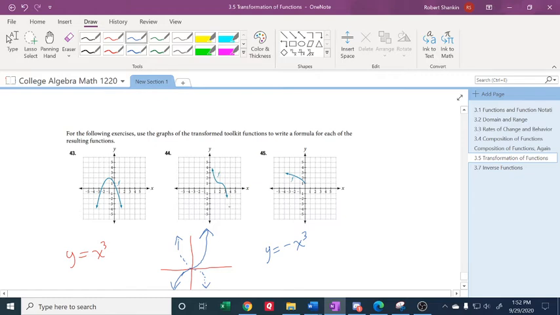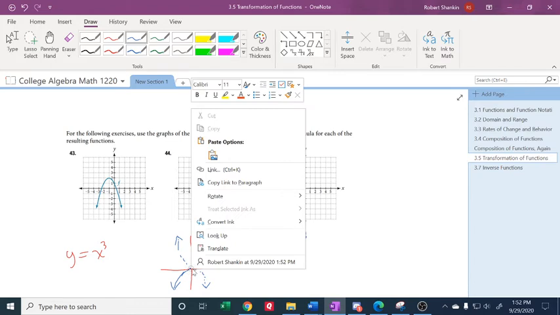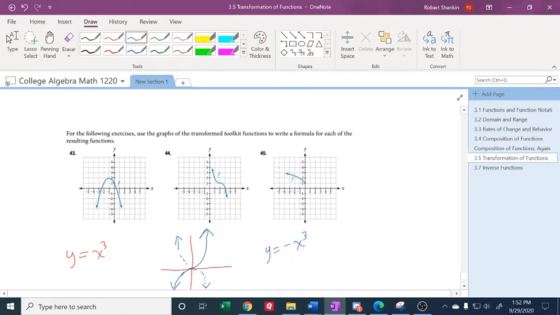So there's two other things that have happened. It looks like this one key point right here has been moved to right about here. So that looks like it's moved 1.5 to the right and maybe 1 up.